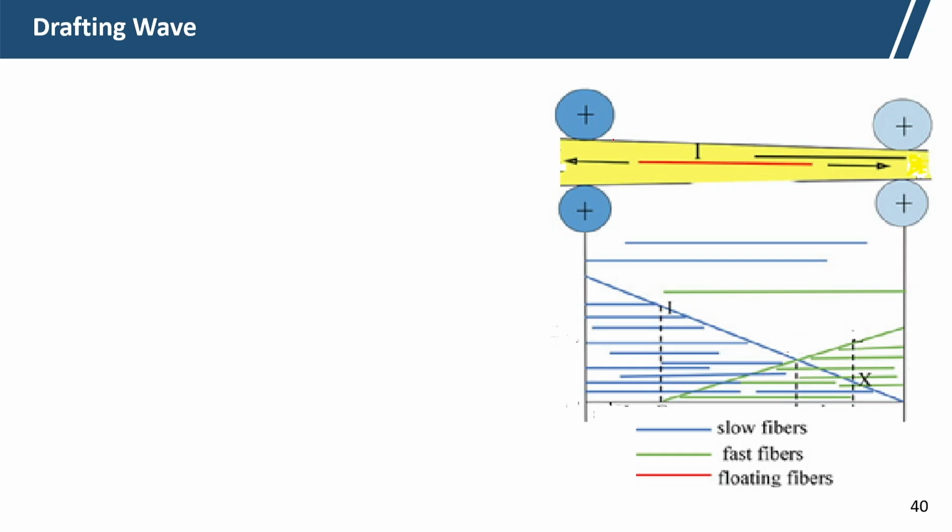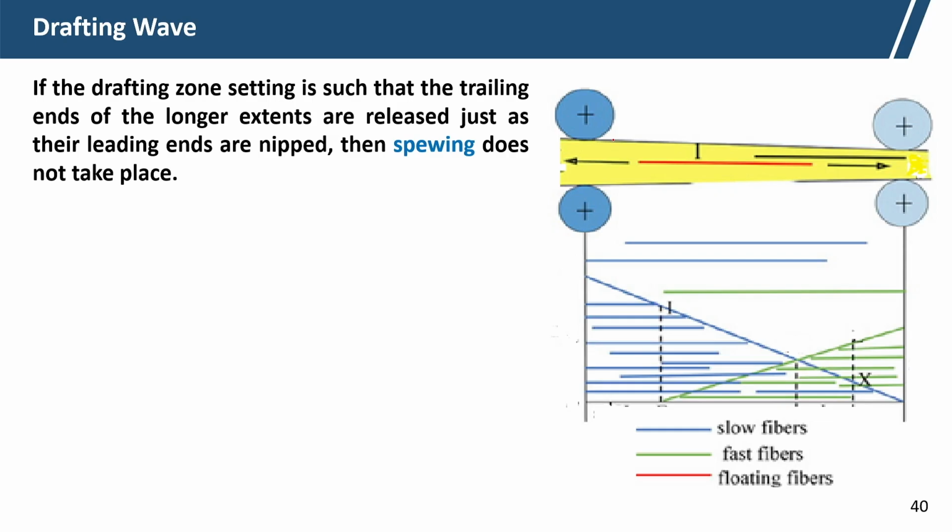If the drafting zone setting is such that the trailing ends of the longer extent fibers are released just as their leading ends are nipped, when the leading end is nipped, the trailing end will be released, and then spewing does not occur.